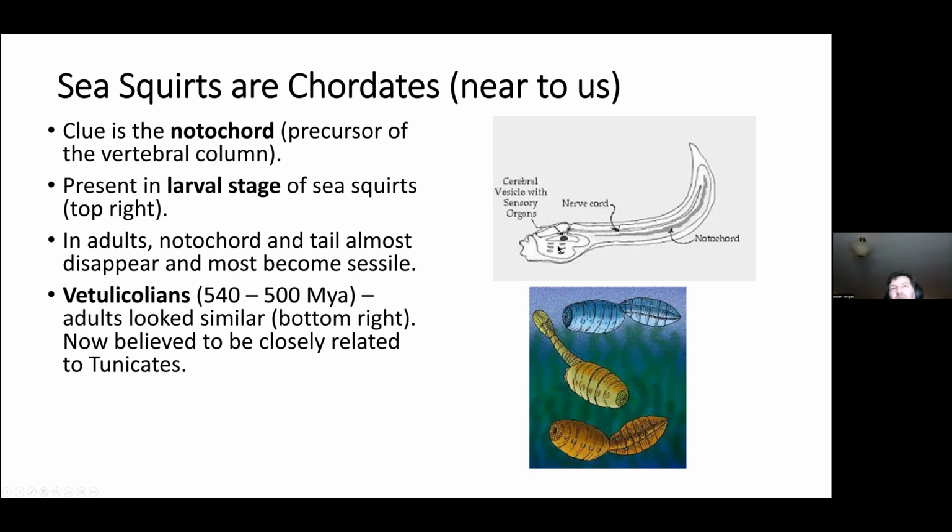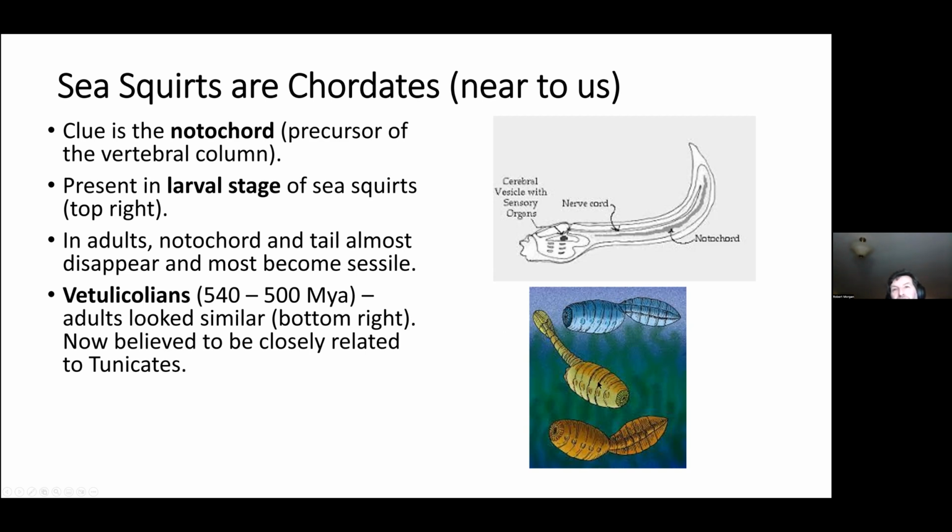So they turn into basically a big mouth cavity, a big throat with a very short gut leading to the siphon. And so although they look completely different to fish as an adult, when they are larvae, they do look a little bit fish-like. And there's a clue to that from these fossil things, which are long extinct, called vetulicolians.